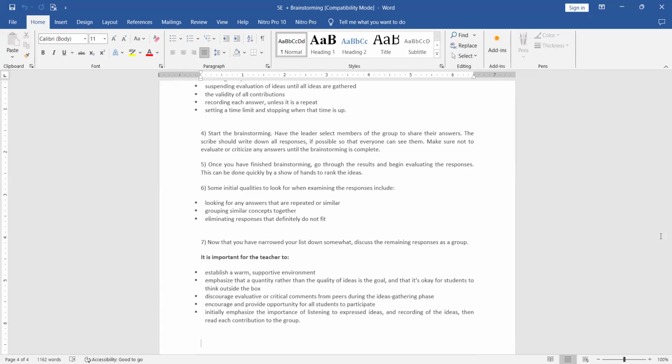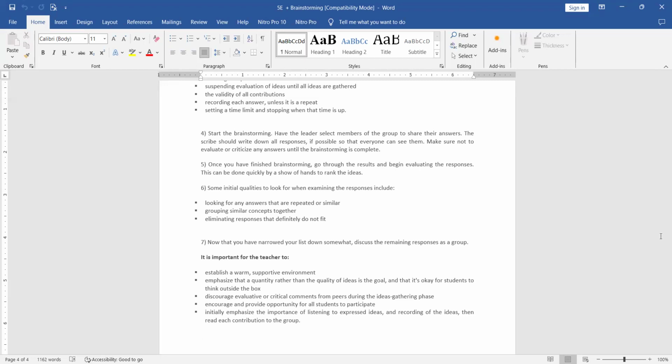So the teacher should establish a warm and supportive environment. If students think the teacher is penalizing, arrogant, judging us, they will not freely talk. So a warm and supportive environment, a sense of safety.